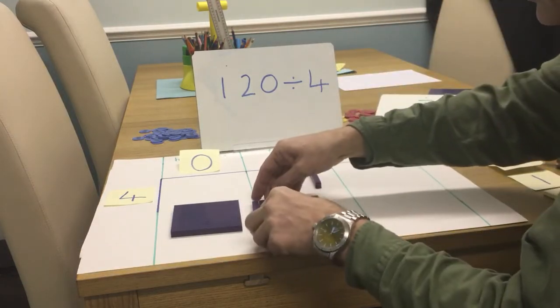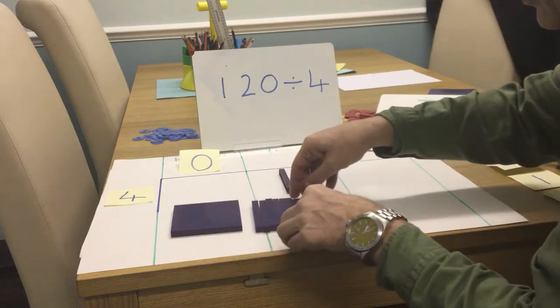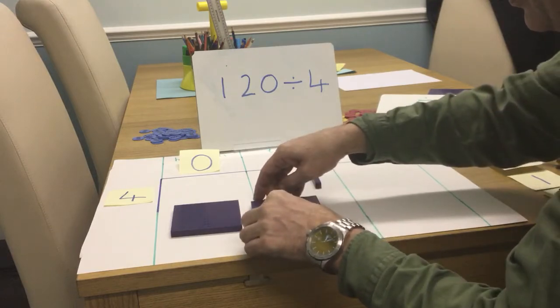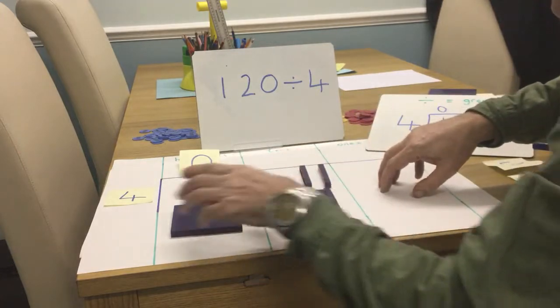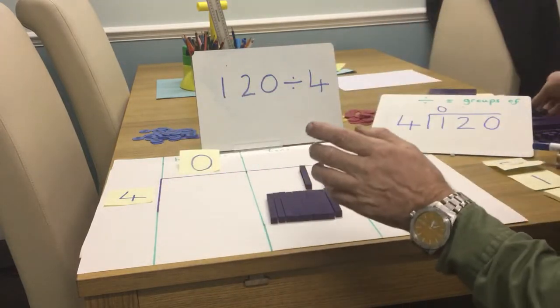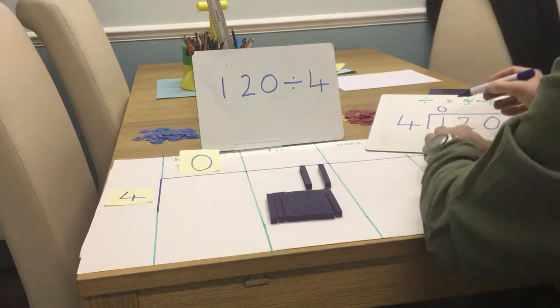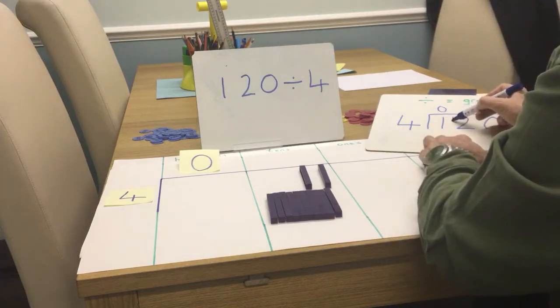Hopefully you can see that it's the same size. So those 10 tens go into the tens column and the 100 disappears, and we're going to put the 1 there. That's what it looks like.